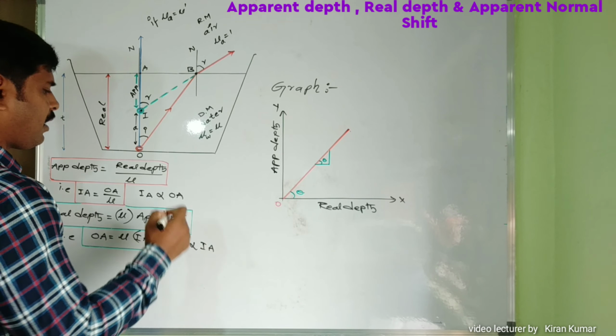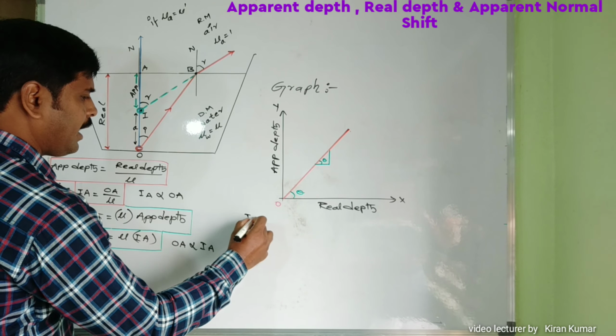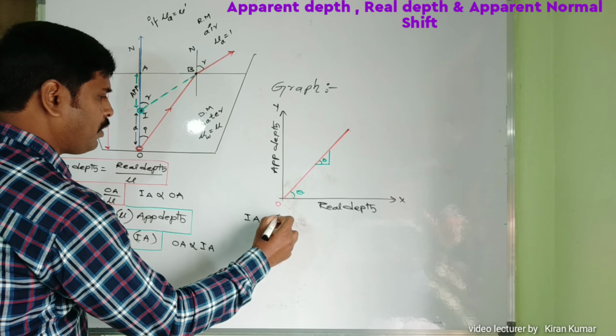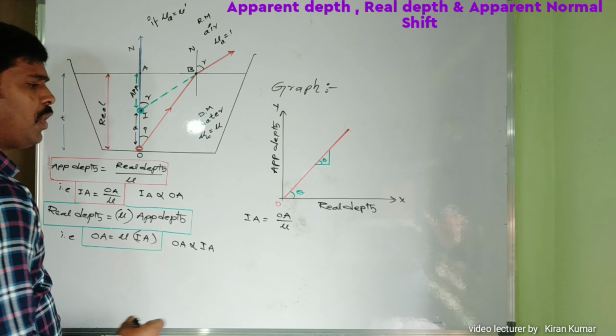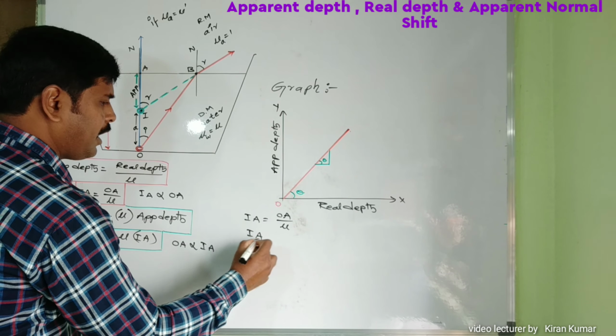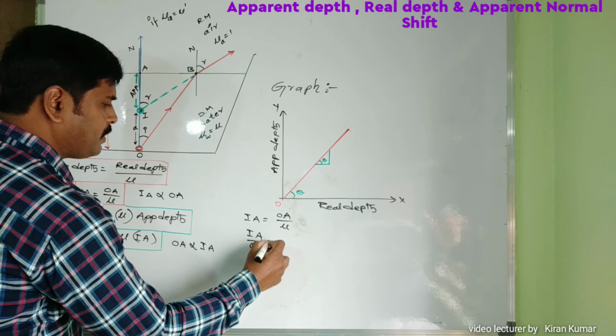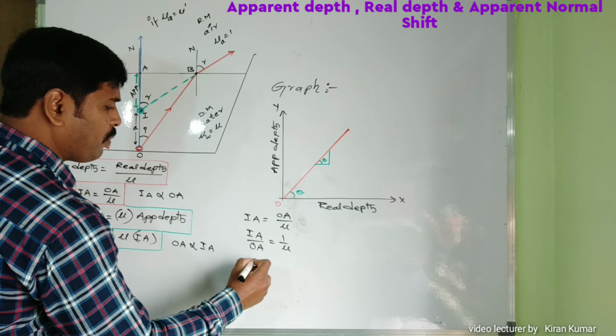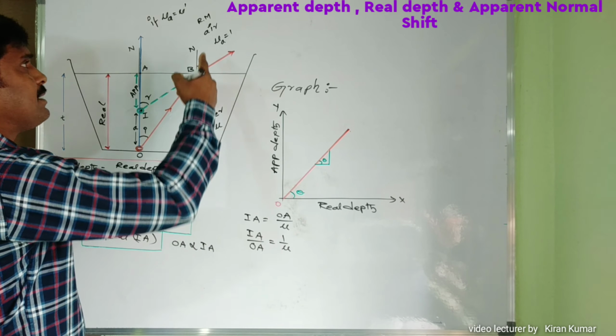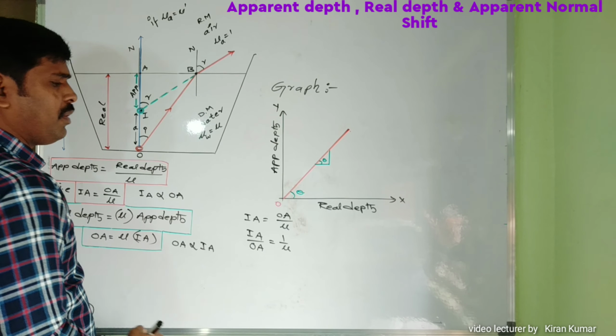Then we have to find the relation: apparent depth Ia is equal to real depth OA divided by the refractive index of water. So Ia divided by OA is equal to 1 by mu. Actually, here we are considering air as the medium, with refractive index equal to 1.